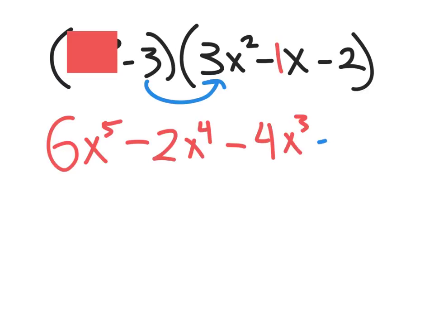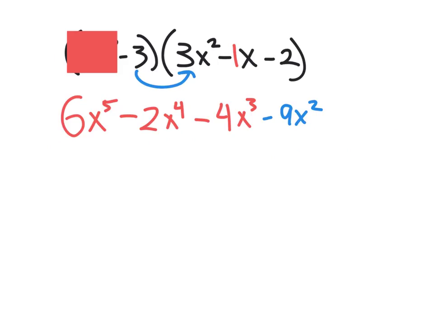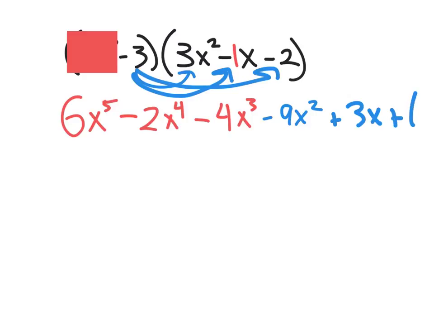Now you could write it over here, negative 9x squared, and I will write it over there, negative 9x squared. And let me continue on here. Negative 3 times negative 1x, what do we get? Positive 3x. And negative 3 times negative 2? Positive 6, plus 6, there we go.